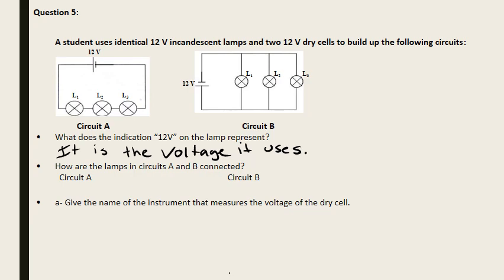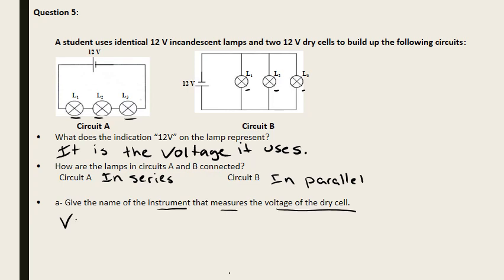How are the lamps in circuits A and B connected? In A, they are next to each other, so that is in series. Circuit B, so you can see here these are in parallel. Give the name of the instrument that measures the voltage of the dry cell, and that is called a voltmeter.